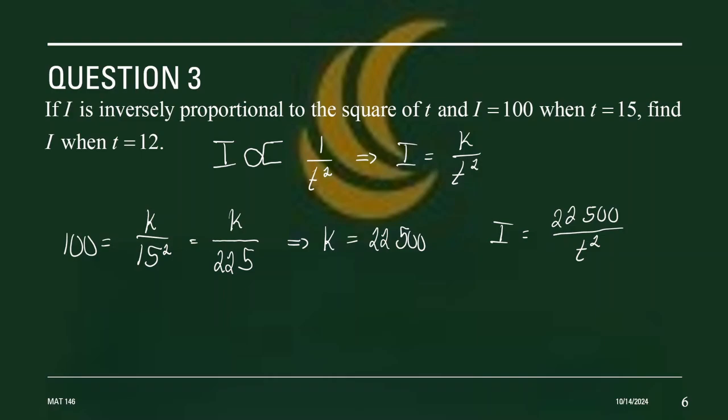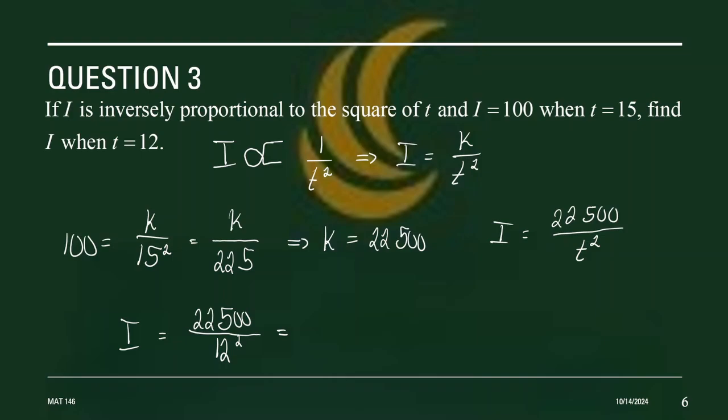Now when t is 12, what is I? And what did we say 22,500 was?